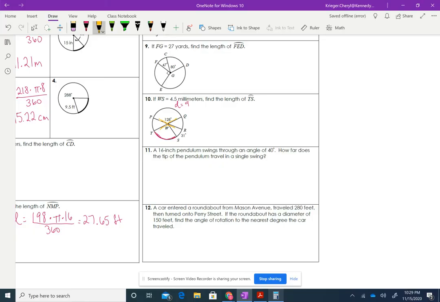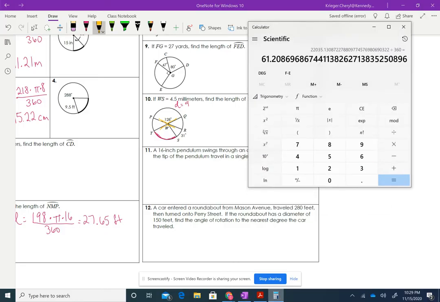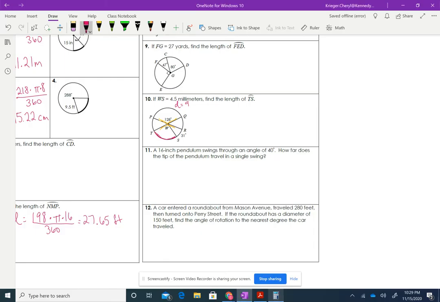Okay, so we're going to just subtract this 31 degrees from 128 to find the angle that we need. So I'll do 128 minus 31 to get TWS is 97. So this degree measure is 97. Okay, that's what I need.